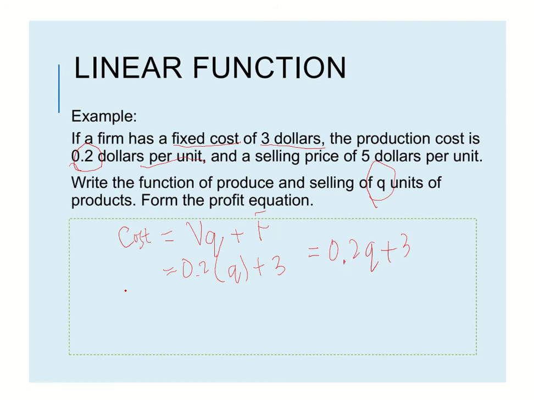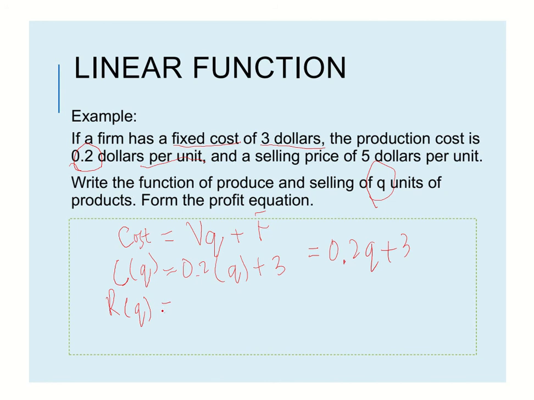How about the revenue then? The revenue for Q, while this is C, the cost for Q. The revenue for Q here will be, sorry, the selling price is $5.